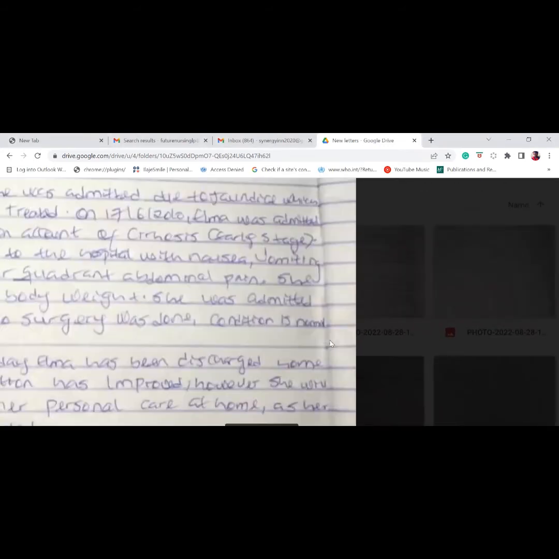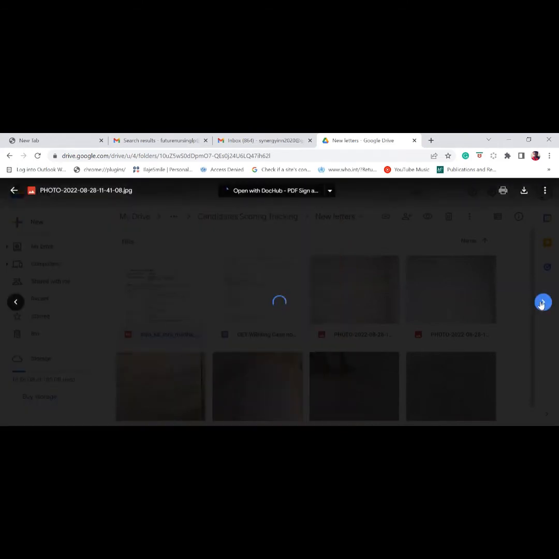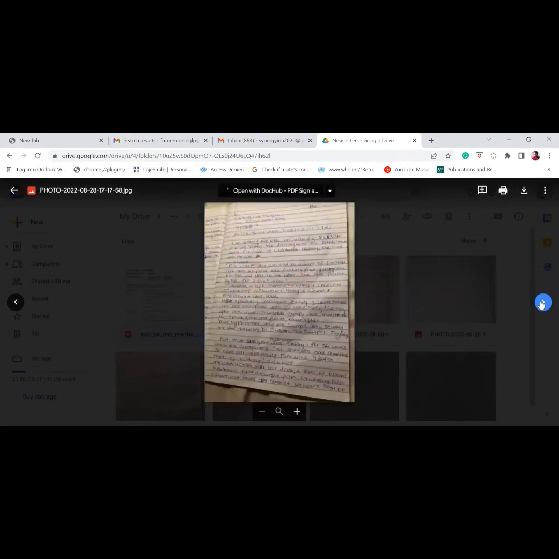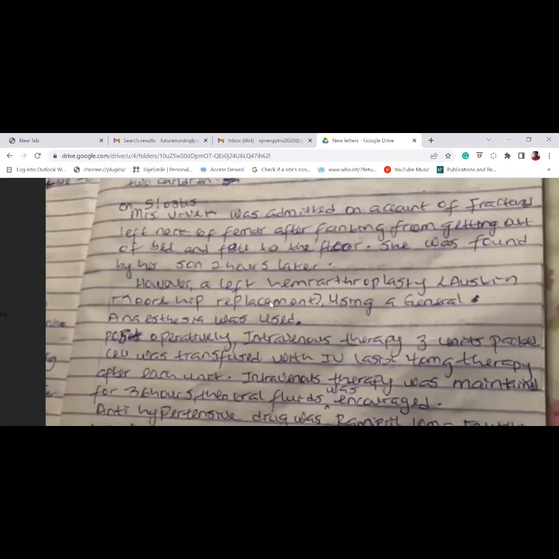So make a very good scan with proper lighting. Okay, this is not better. Okay, I think this is it. So make sure, again, this is very important so that they can get a good grasp of the letter that you have written.